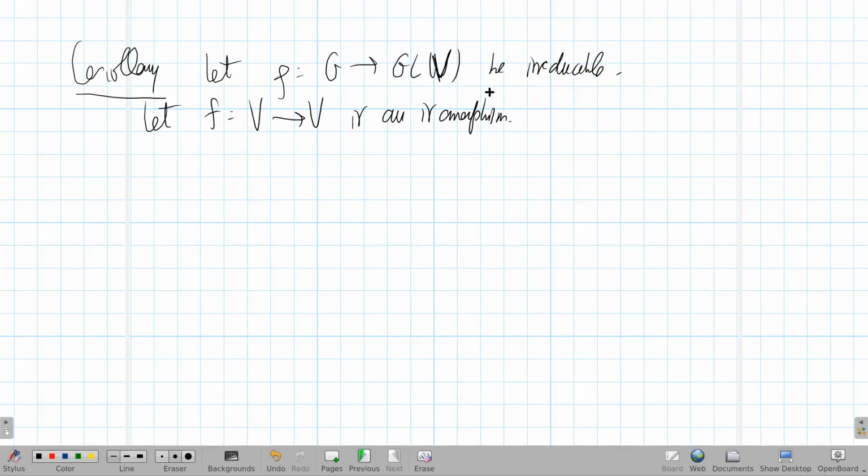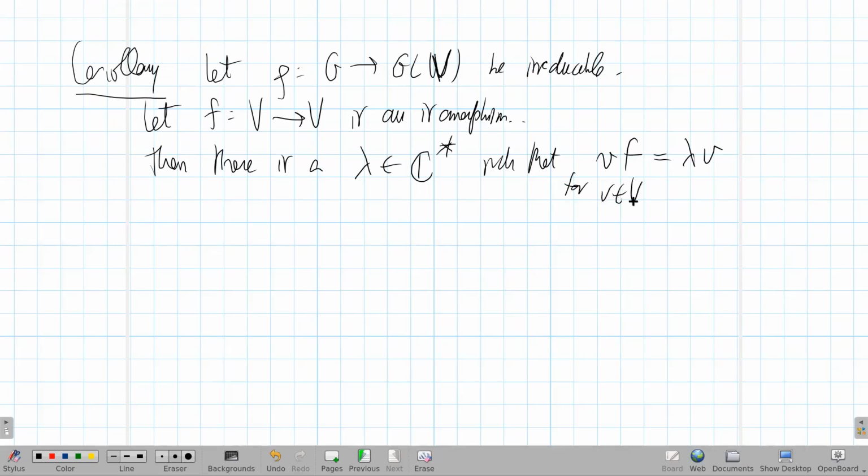Okay, so V will be different from 0. Then there is a non-zero complex number lambda such that Vf for v in V is a scalar multiplication by lambda for v in V.